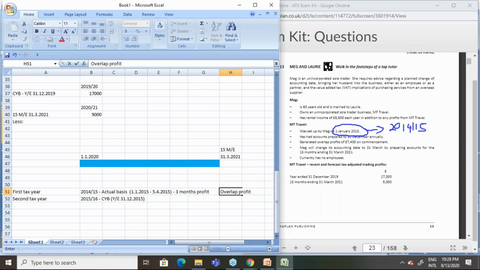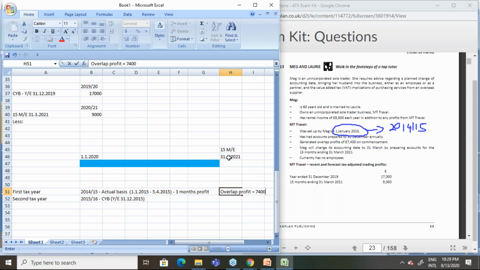How much is that? Overlap profit of 7,400. So overlap profit 7,400 is for a period of 3 months. Now coming back to the question, we have prepared accounts to the new accounting date, which is a later date in the tax year compared to what we had previously.